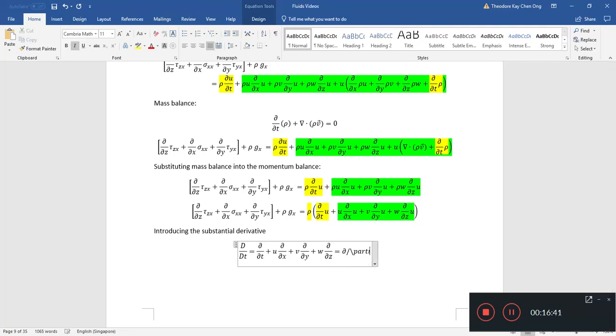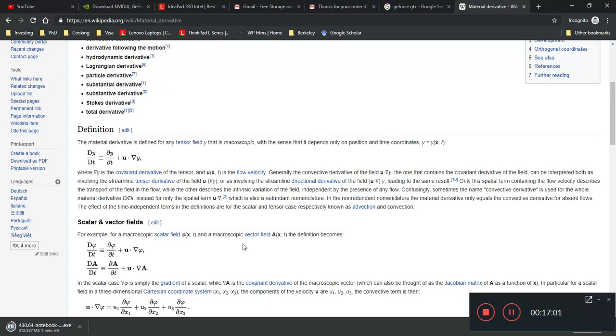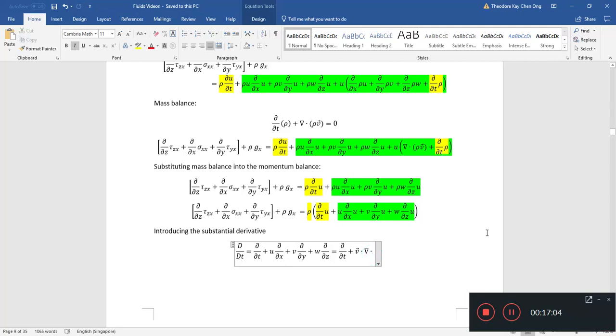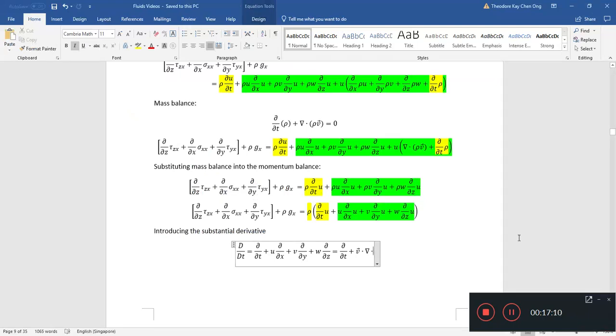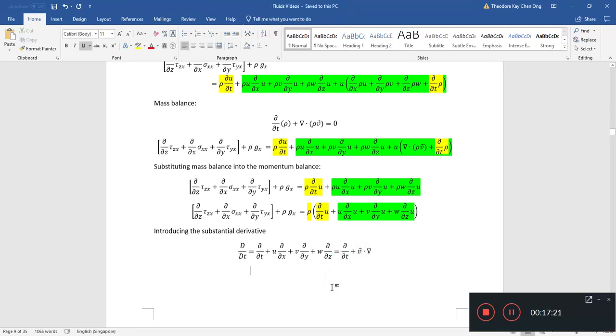So plus, the v vector dot, rather we can just leave it like that. So we have a v vector and we have a dot product with something. Okay, so this is what our substantial derivative is.